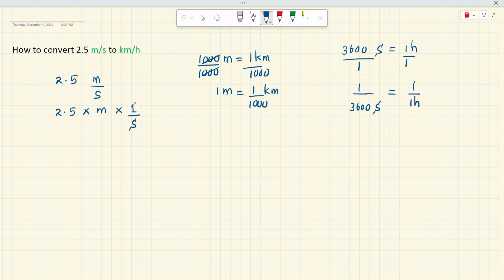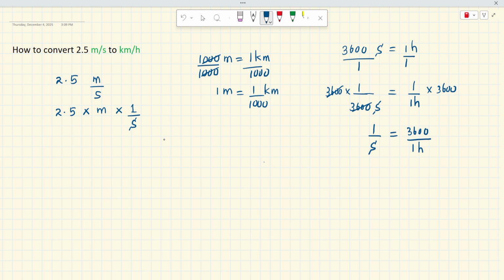Now I need 1 over s, so I'm going to remove this 3600. How? Multiply both sides by 3600. 3600 get cancelled, so 1 over s equals 1 times 3600, that is 3600 over 1h.